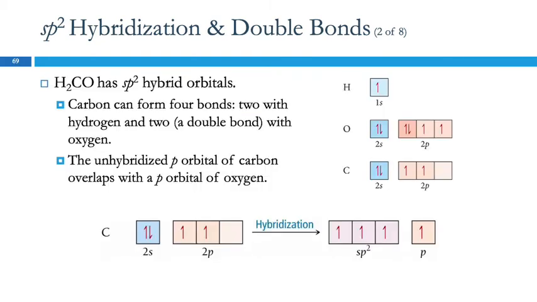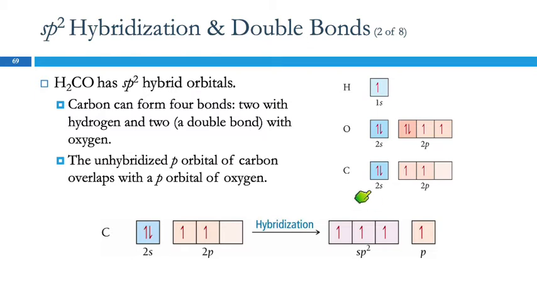So if we look at the orbital diagrams, we're going to do H2CO. We've got hydrogen, we've got oxygen, and we've got carbon. Carbon is the central atom. We're only going to look at hybridizing the central atom.